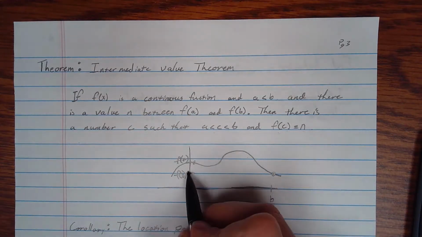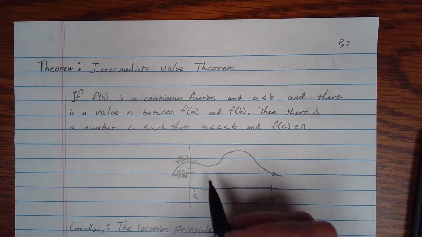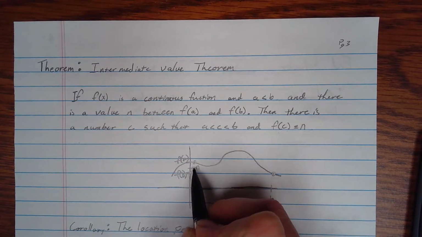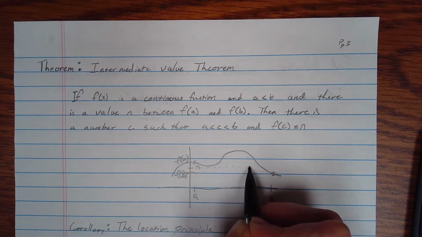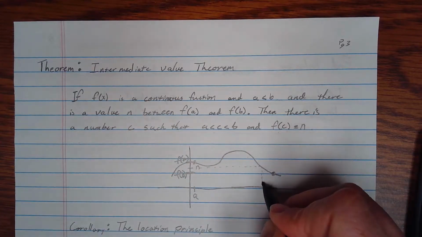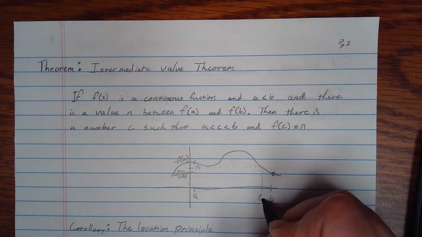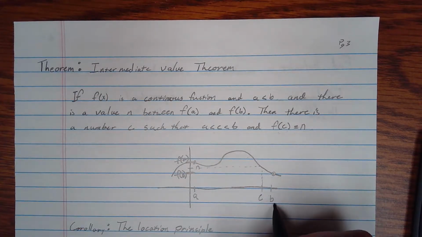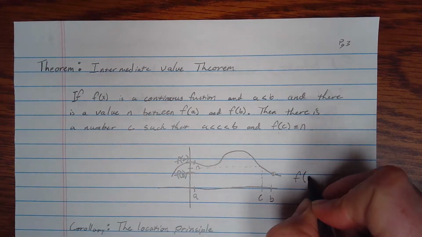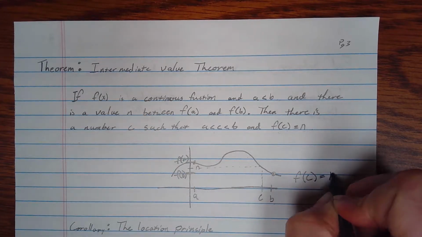This is saying for some number n in between, there is a value C between A and B so that f of C will equal n.